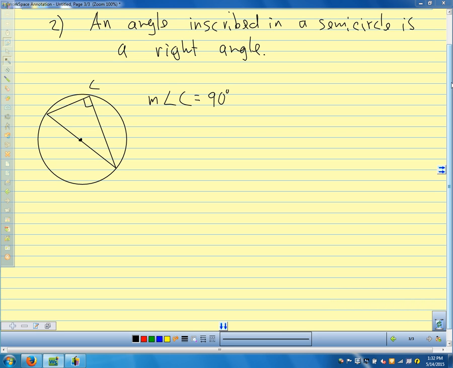All right, we good there? And our last corollary.